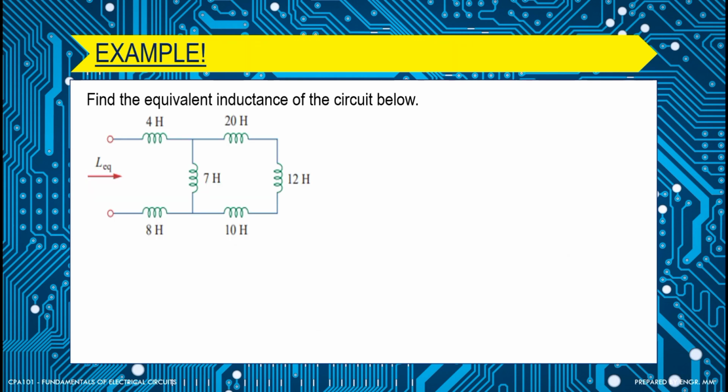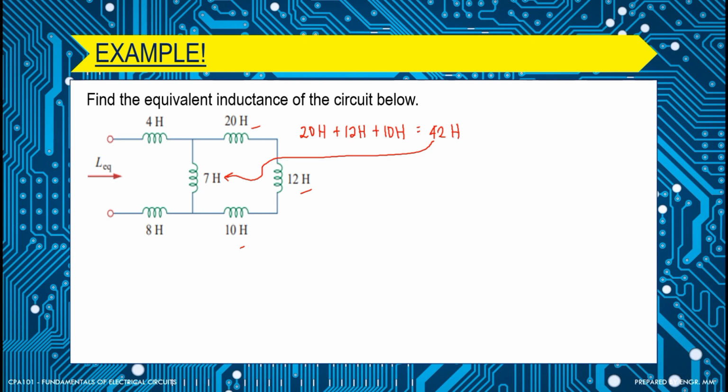For example, find the equivalent inductance of the circuit below. We have here a series 20 Henry, 12 Henry and 10 Henry. So this will be 20 Henry plus 12 Henry plus 10 Henry, and that is 20, 32, 42 Henry. Okay, and 42 Henry is in parallel with 7 Henry.